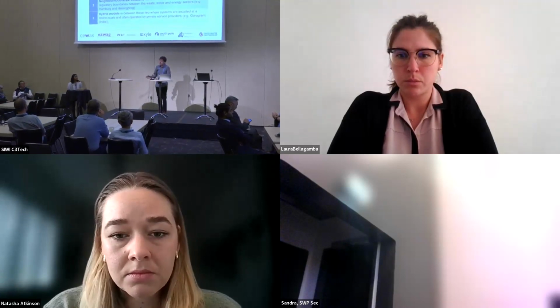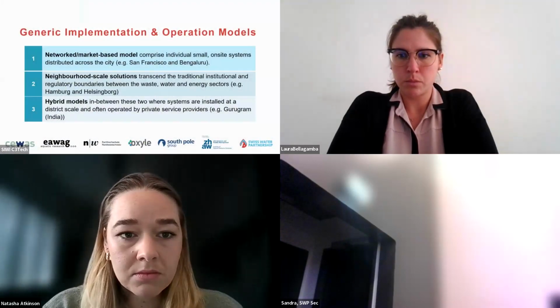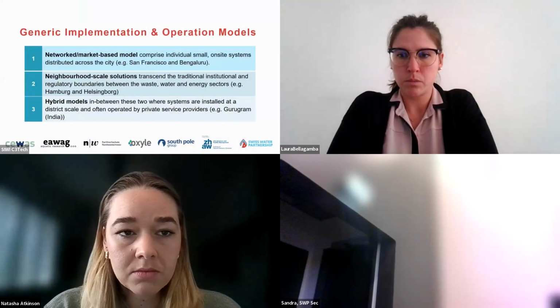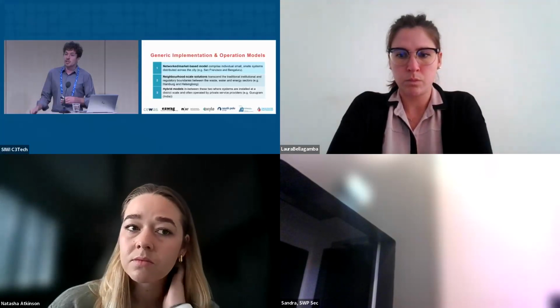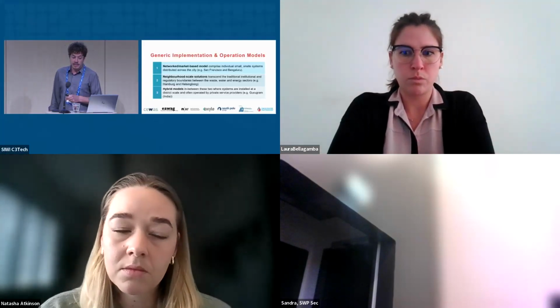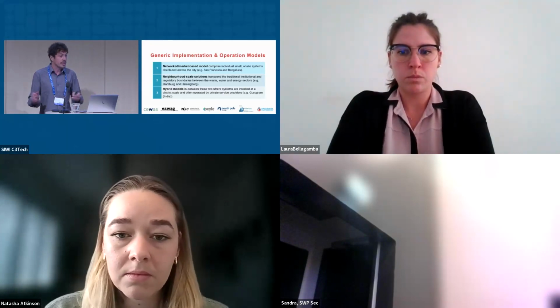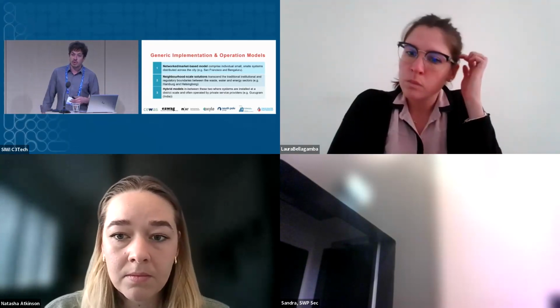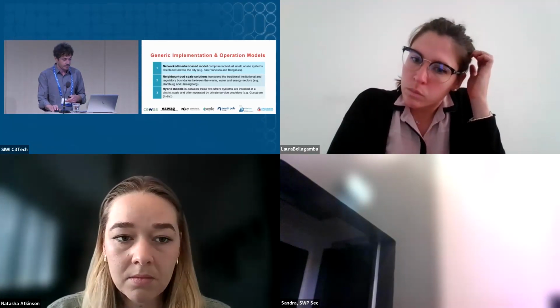The second model is a neighborhood scale model, which we found in Hamburg and Helsingborg, and which follow a more conventional, still utility-based approach. There, a public utility still largely covers water and sanitation services, but which are occasionally complemented with private sector involvement. This model, in our case, typically applies advanced source separation and recovery solutions, and therefore this implies that the traditional institutional and regulatory boundaries between the waste, water, and energy sector, but also between the public and private spheres, are transcended.